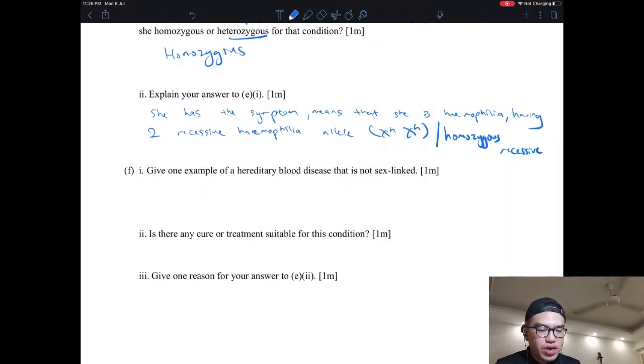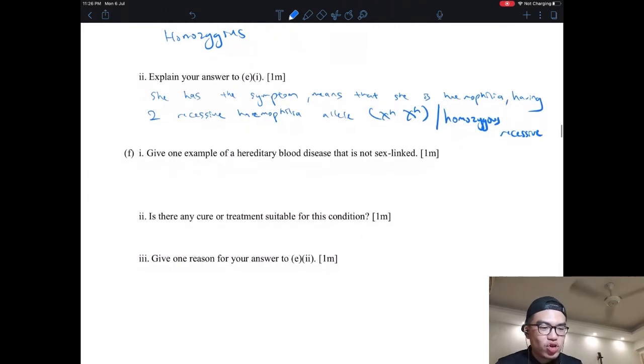Give one example of a hereditary blood disease that's not sex-linked. It's thalassemia, or you can say sickle cell anemia. Is there any cure or suitable treatment for this condition?